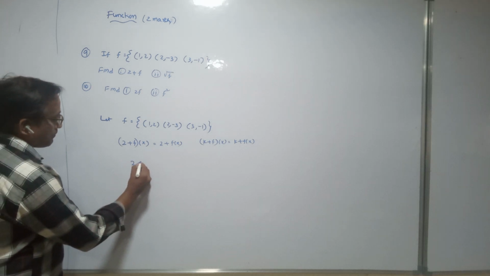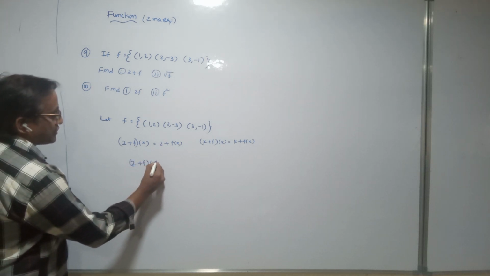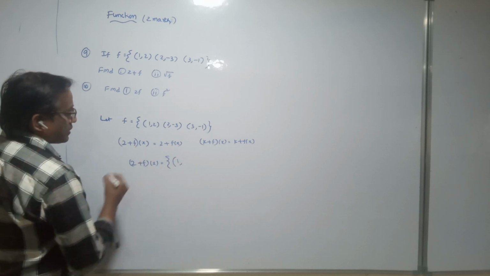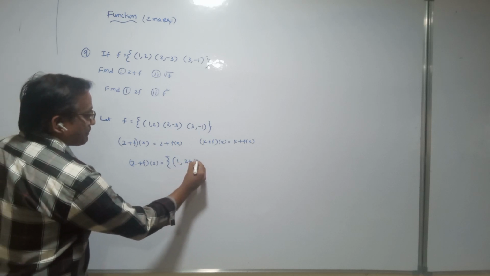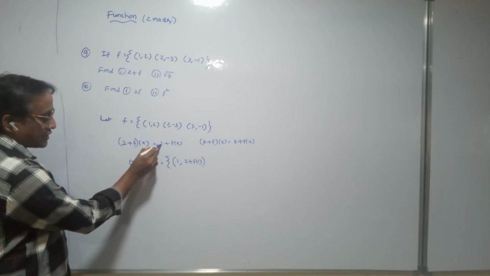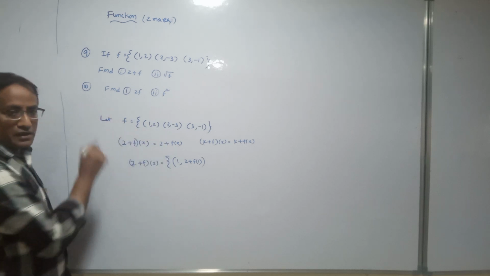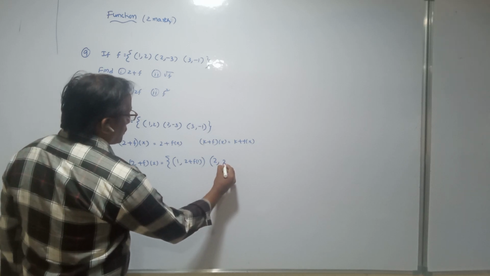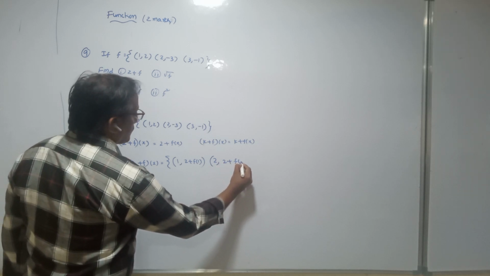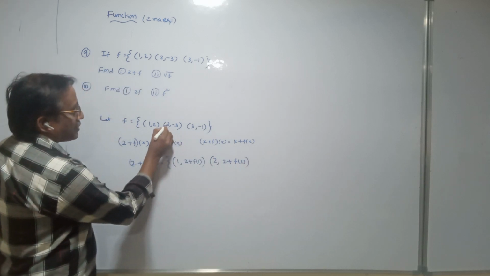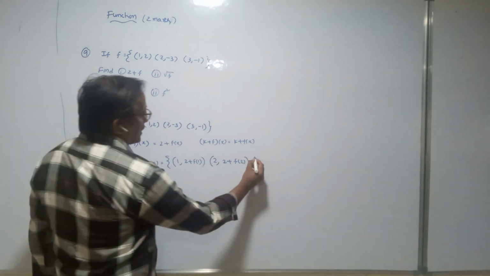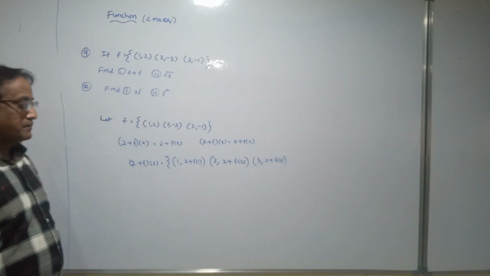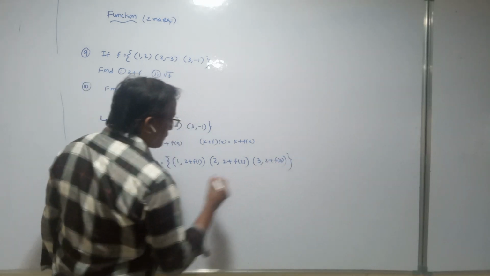Now 2 plus f is equal to the set of (1, 2 plus f of 1), the image, and (2, 2 plus f of 2), and (3, 2 plus f of 3). This is how you have to find.